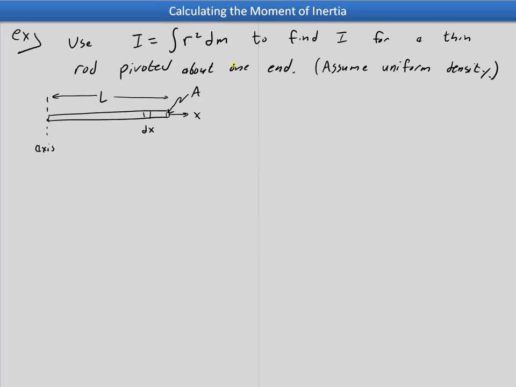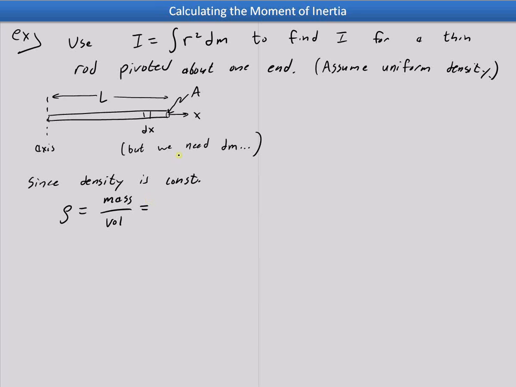But one more thing. We have dx, but that's not what we need. We need dm. What are we going to do about that? Well, the solution is to use density. So since density is constant, that's what uniform means here, the density, which is equal to the mass divided by the volume, is the same number whether I take the total mass divided by the total volume.